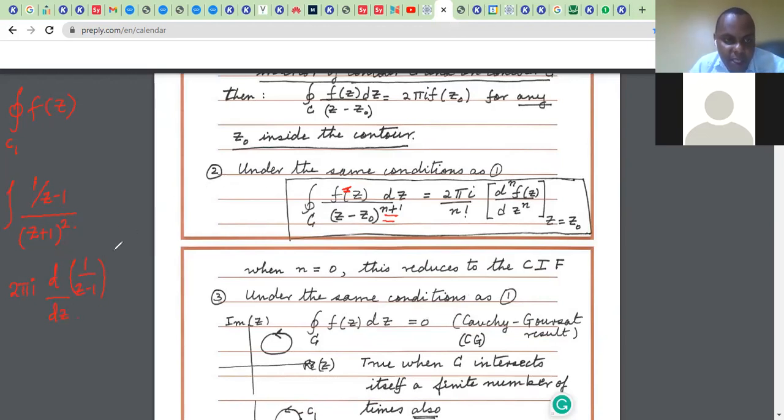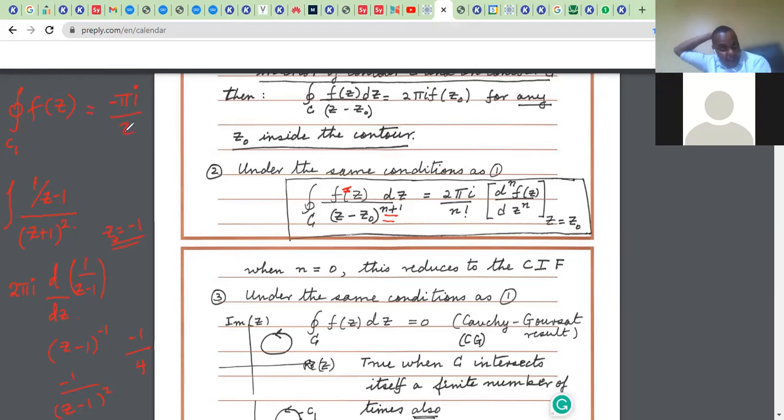But we have to evaluate at z naught equals -1. The derivative of (z minus 1) to the power -1 is -1 over (z minus 1) squared. If we replace z with -1, we get -1 over (-1 minus 1), which is -2, and -2 squared is 4. So this integral at C1 is equal to negative 2 pi i over 4, which is negative pi i over 2.